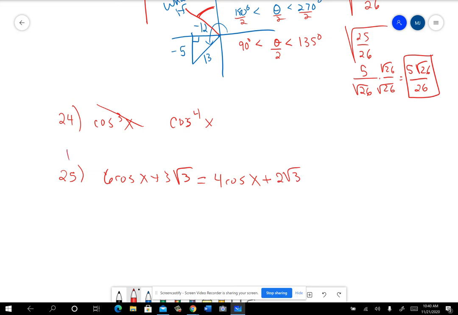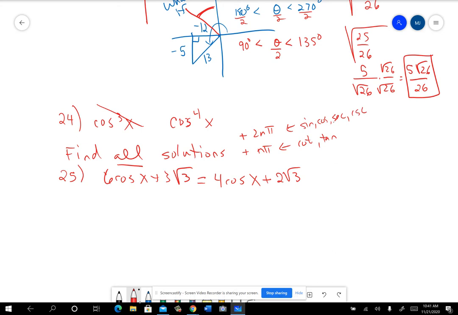If it says that, that's when you do the plus 2n pi, or you do the plus n pi. You do the plus n pi if it's cotangent or tangent. You do the plus 2n pi if it is any of the others, sine, cosine, secant, or cosecant, because those have a period of 2 pi. These have a period of pi.